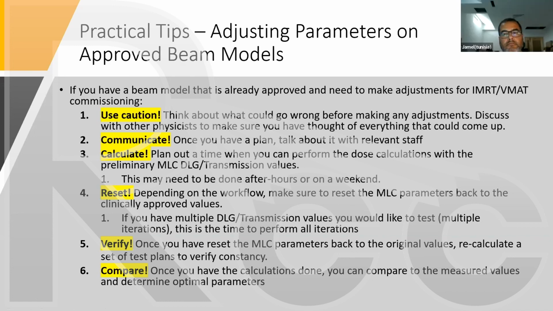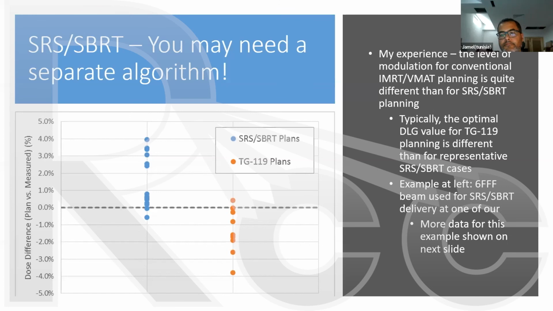All right, so I mentioned this slide a few times now. The thing about SRS and SBRT planning is that, from my experience, the level of modulation we see in IMRT and VMAT planning versus SRS and SBRT is different, and therefore the MLC parameters that give us the best agreement are also different. This is looking at dose difference for a single beam model, with TG119 plans in orange versus SRS SBRT plans.